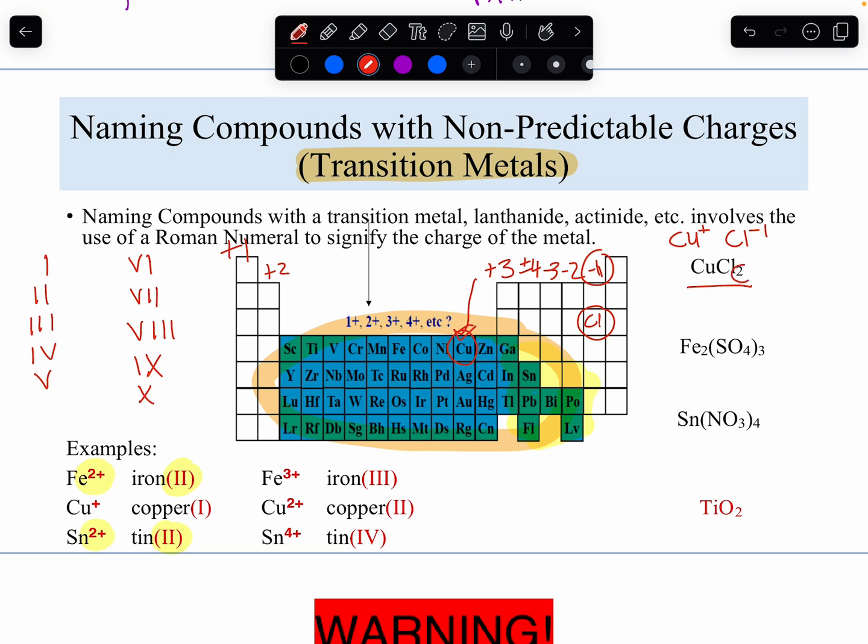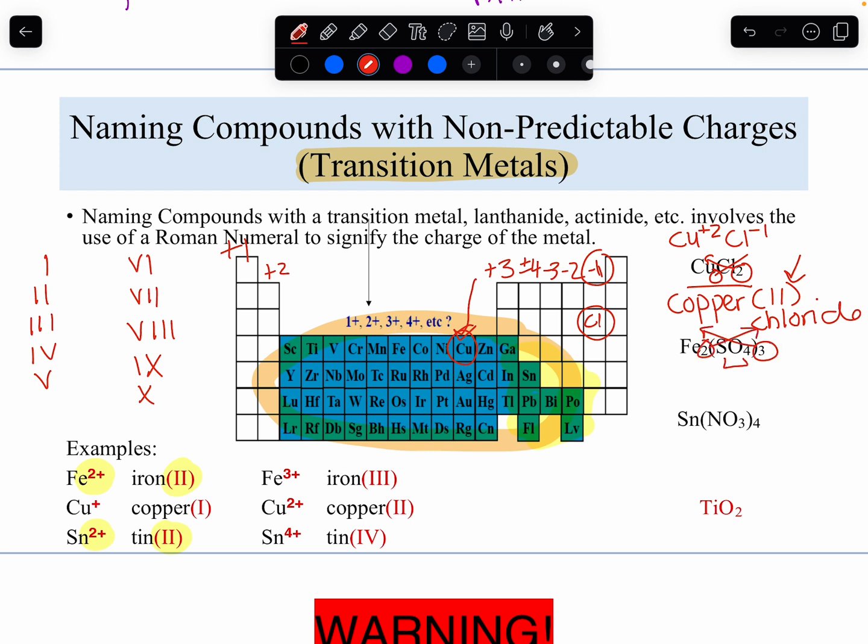So what we have to do is uncrisscross, so that this 2 actually came from the Cu. And to do that, we write copper 2 chloride. Okay? So you have to write the Roman numerals in the name. You have to, because they are not the assumed charges. They always change.